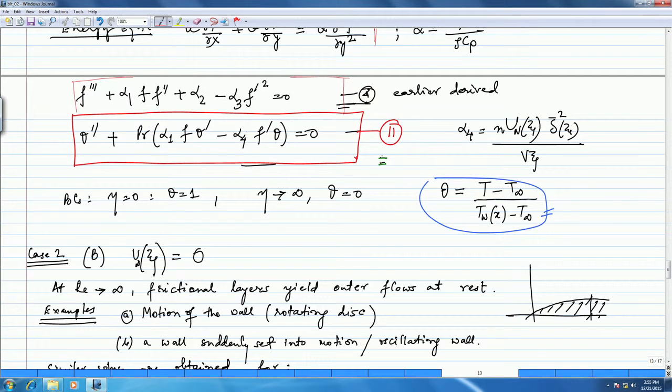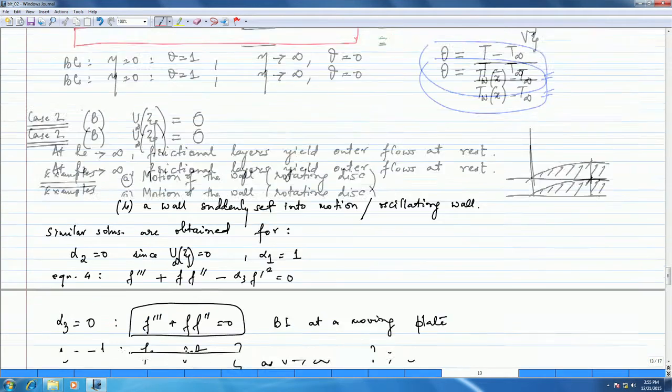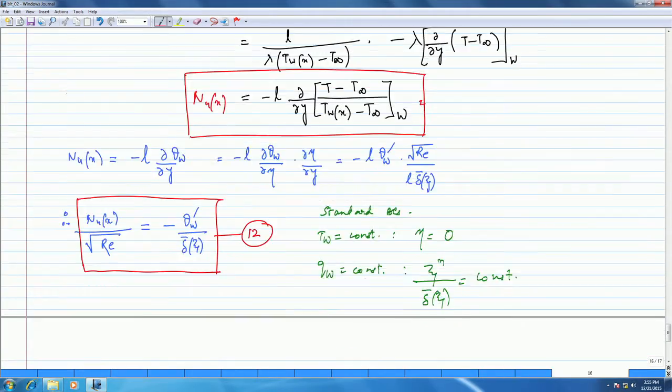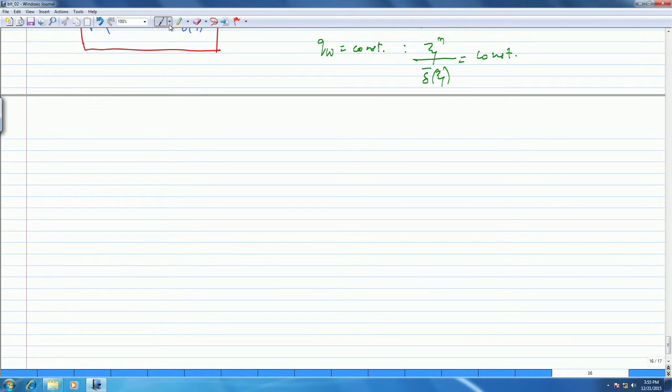So these are the two equations. Now, for a flat plate, for example, alpha 3 is 0, alpha 2 is 0.